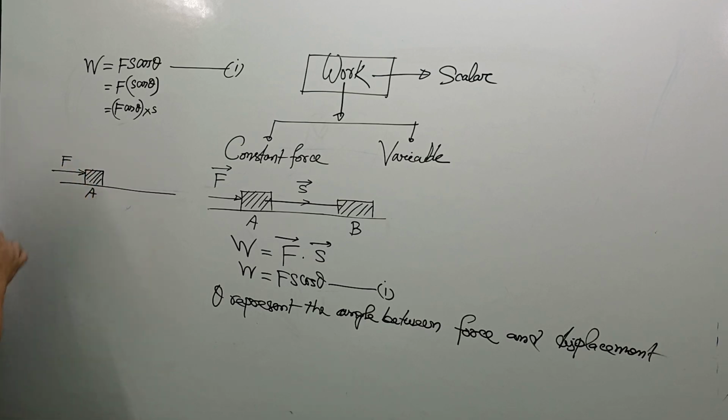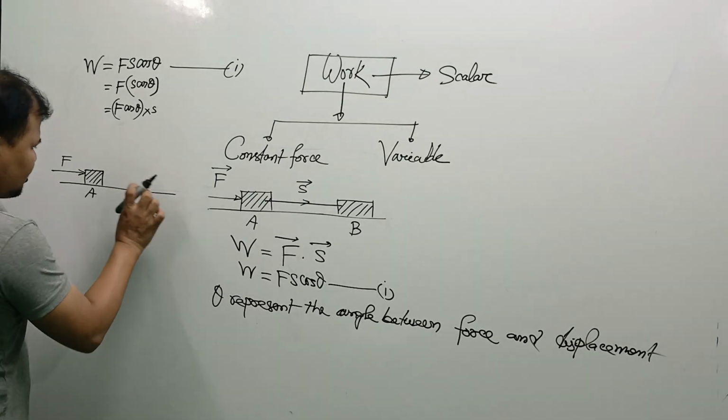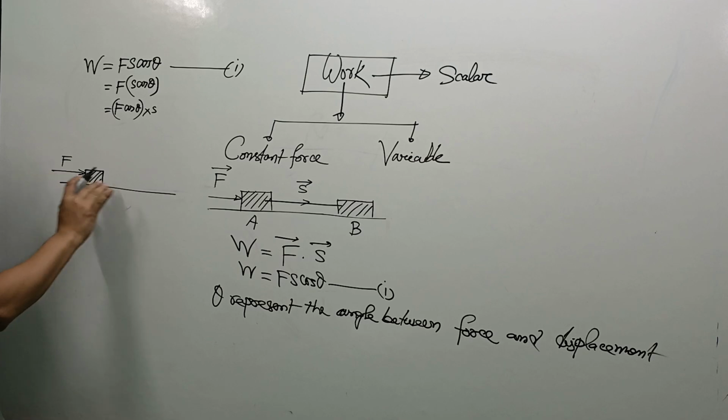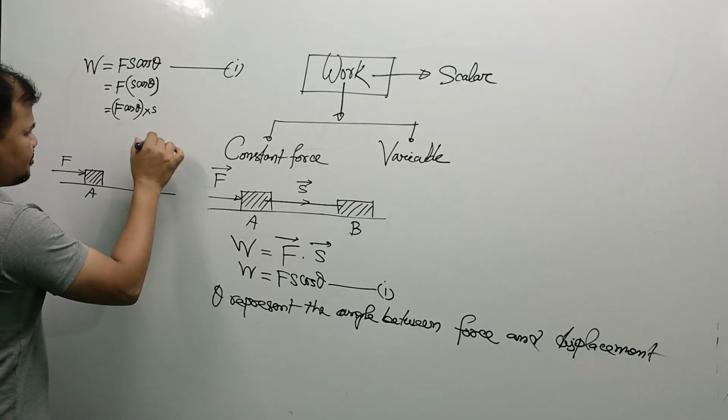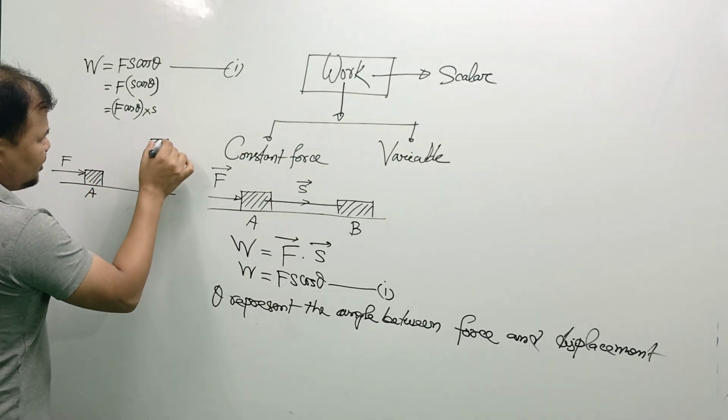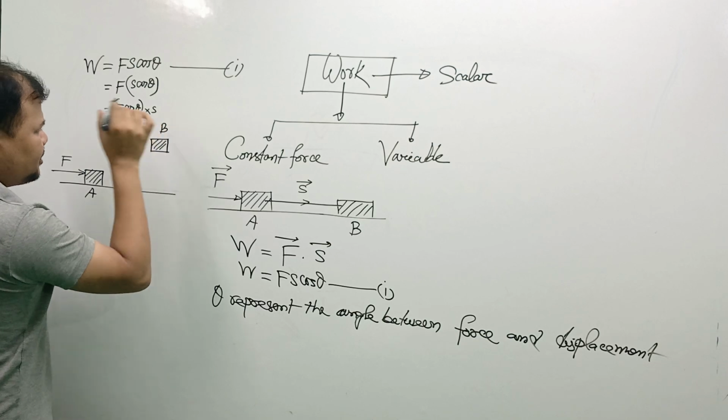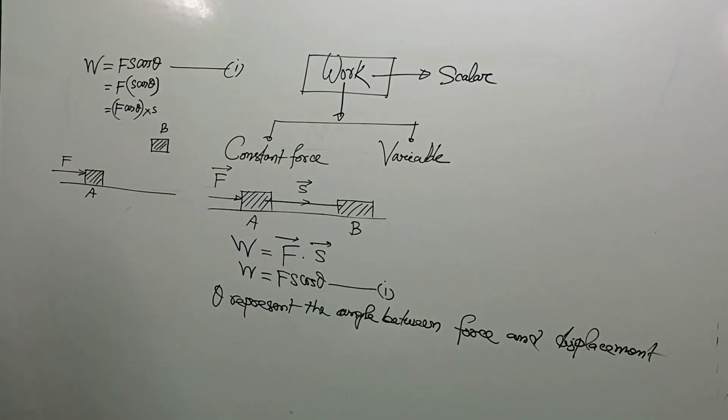This is point A, and if the body does not go along the direction of the force, suppose it comes to point B. We know from the definition of displacement that it is the minimum distance between the initial and final position. This is the initial position and this is the final position.